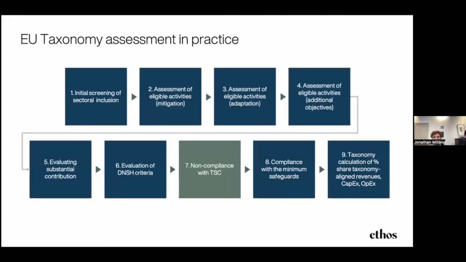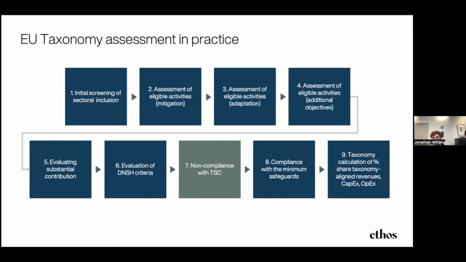And then you also have to assess compliance with the minimum safeguards, as Jonathan was telling you about. Worth repeating is that for steps 1 to 7, we are looking at activity level, and now we're moving to company level.